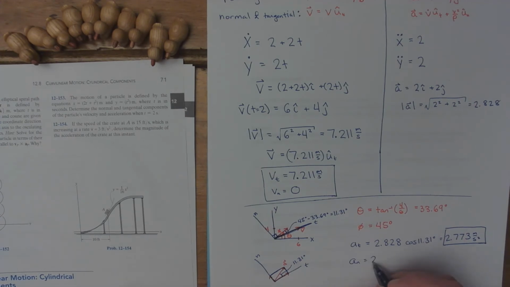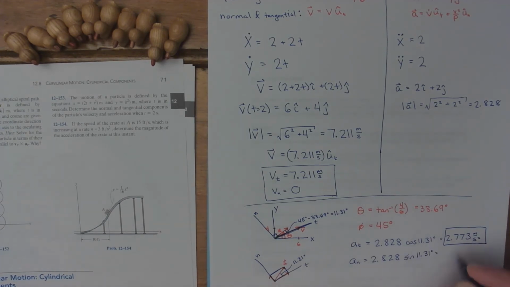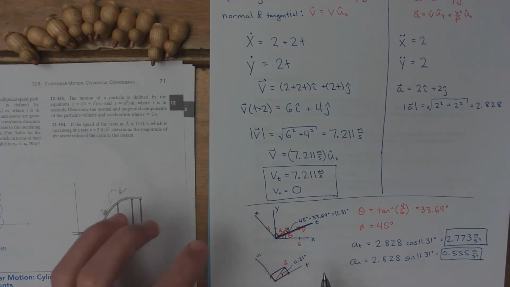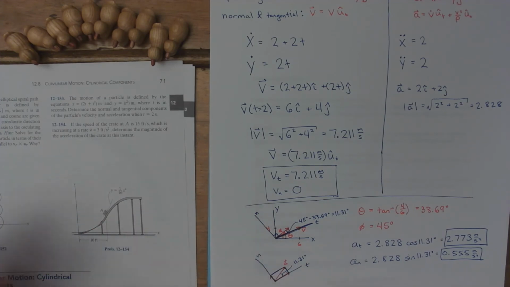The normal component: 2.828 for the hypotenuse, and then sine of 11.31 degrees, and that gives me 0.555 meters per second squared. Okay, so I found everything that I needed to find, and you should know how to solve the problem this way by drawing the diagram, because that's going to appear again later on in this course.